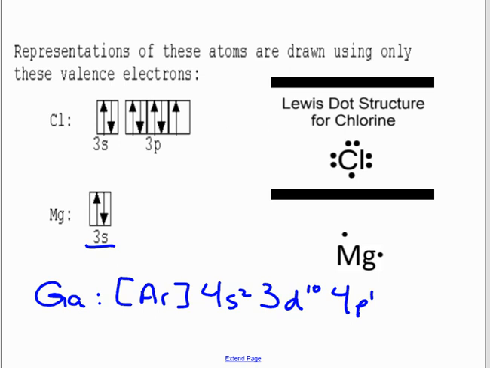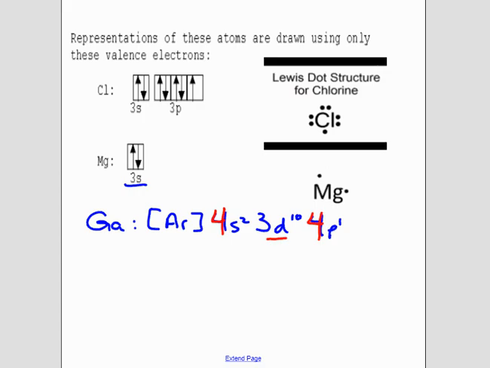Only the ones with the highest principal quantum number, the big number in the front, are valence. 3d10 is a high energy set of electrons, but it isn't valence. So when I go to draw the electron dot for gallium, I have the 2 in the 4s sublevel and 1 in the 4p sublevel. I have 3 valence electrons.